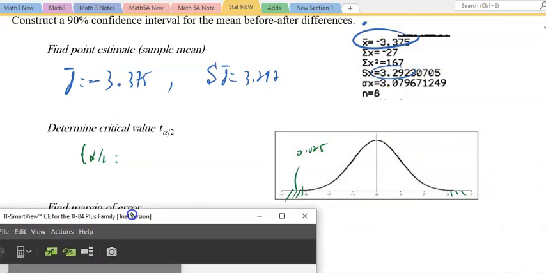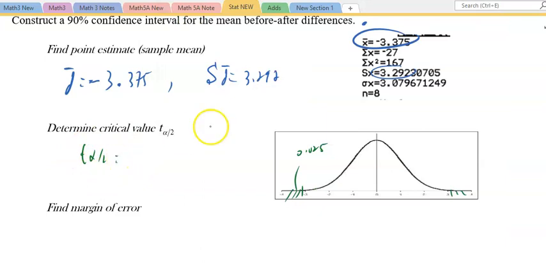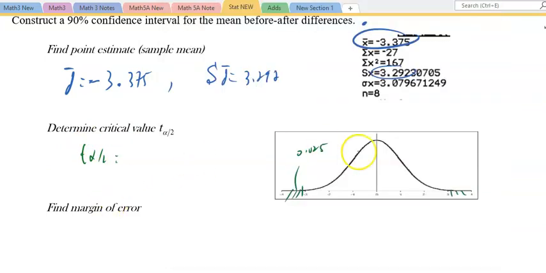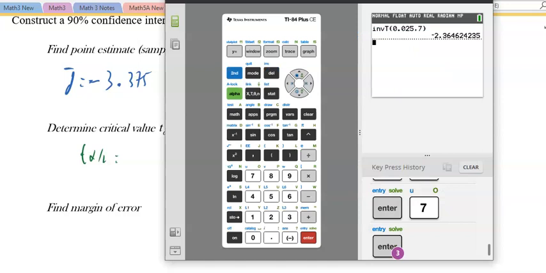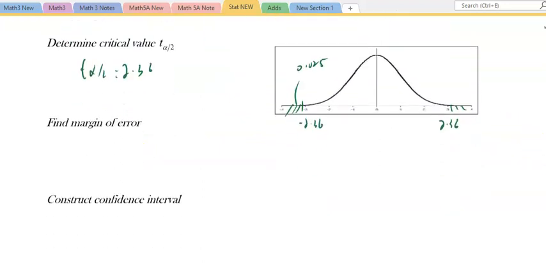What was n? N was 8, so this is 7. The T sub alpha is -2.36. 2.36. Do I need to round more? No. So this is 2.36. Got it.